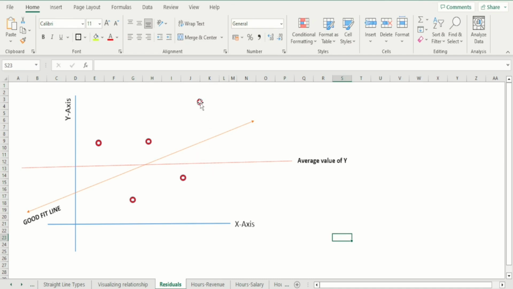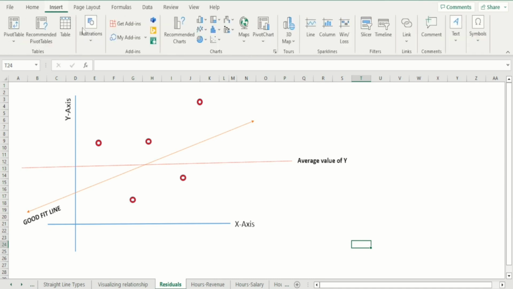So for this one, for these 3, you can see it's above the average value of y. For these 2, you will see it's below the average value of y. So to understand the variance of this data, we have to look at 2 different things. Now, what are those 2 different aspects of variance, also known as errors?